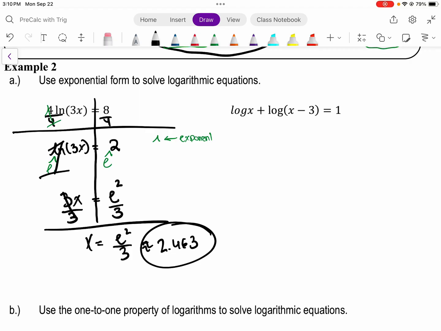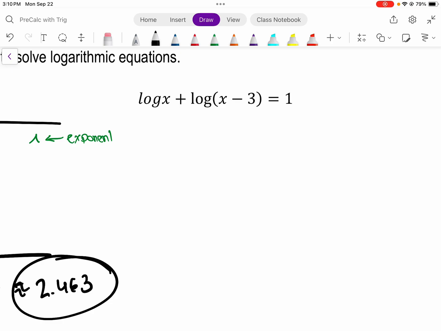Okay, now what if we get a problem like this one where we have multiple logs? Well, we can actually condense this by using our properties of logs. And if you remember from yesterday, we can use the product rule to condense the logs. So we're going to make them smaller.